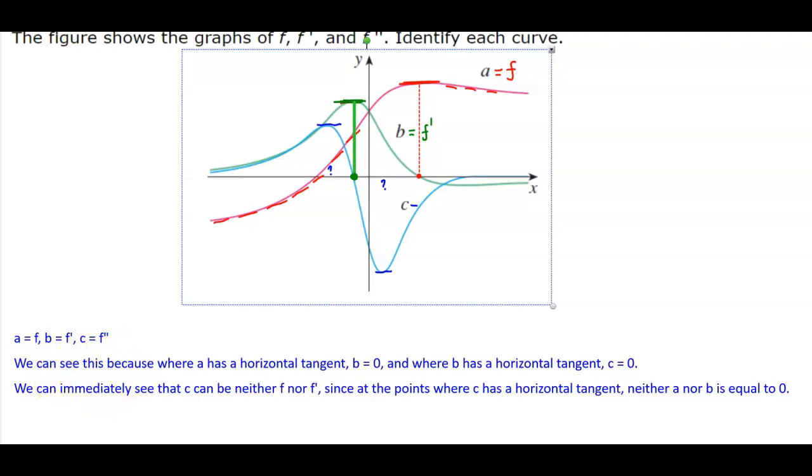And again, we can see this because where A has a horizontal tangent, B is equal to 0, and where B has a horizontal tangent, C is equal to 0. And we can immediately see that C can be neither of f or f prime, since at the points where C has the horizontal tangents, neither A nor B is equal to 0.